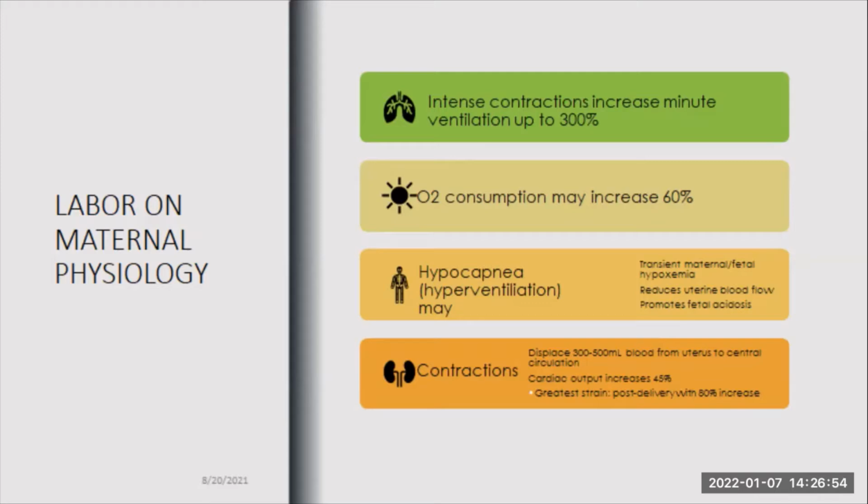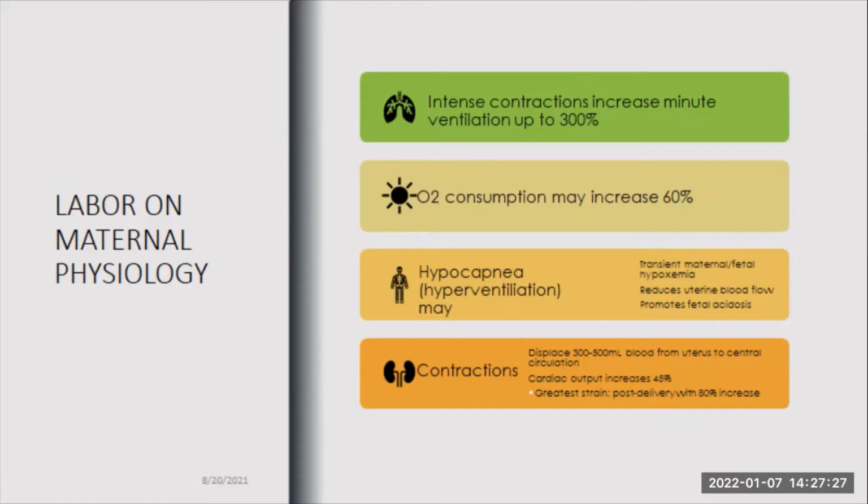As a consequence, if a contraction becomes too prolonged, there is a high possibility that the child can start developing a little bit of asphyxia or hypoxia. That's why contractions are supposed to be short, not too prolonged, because it compromises normal fetal physiology.